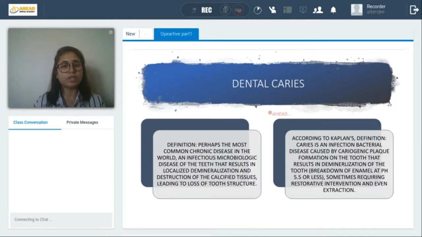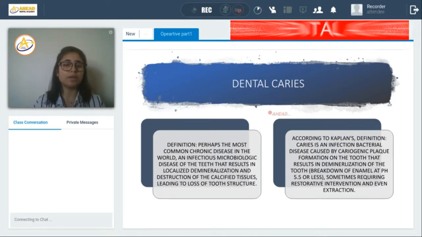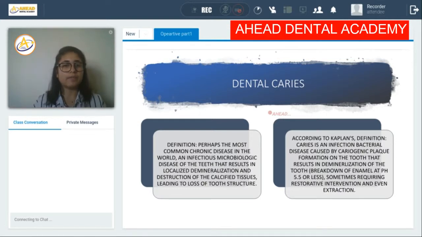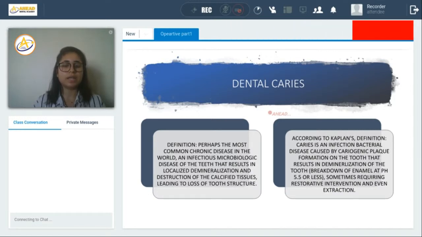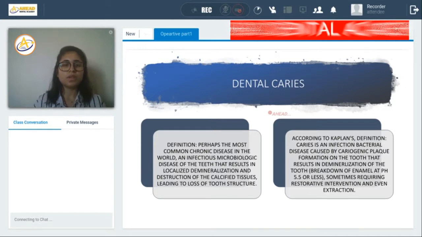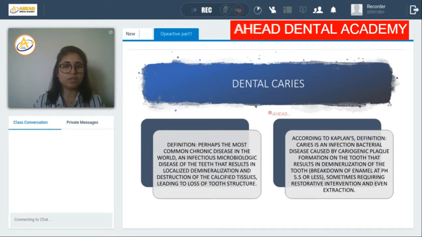According to First Aid, dental caries is the most common chronic disease in the world, an infectious microbiologic disease of the teeth that results in localized demineralization and destruction of the calcified tissues, leading to the loss of tooth structure. So it's a basic definition that we've been studying all these years.